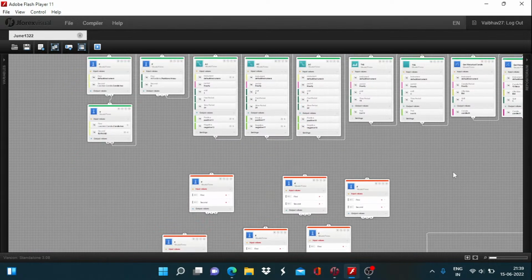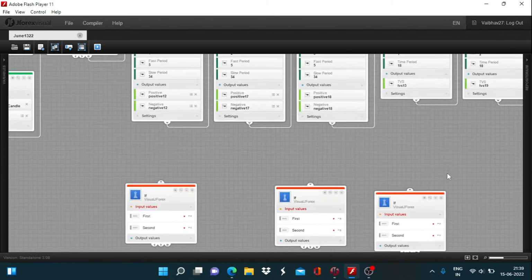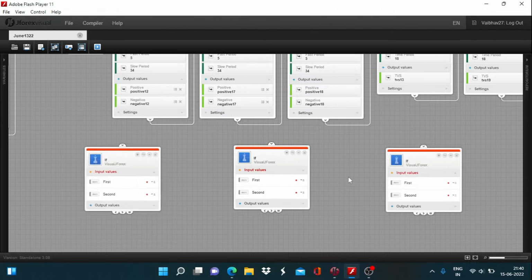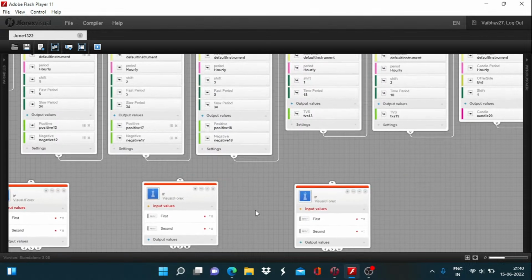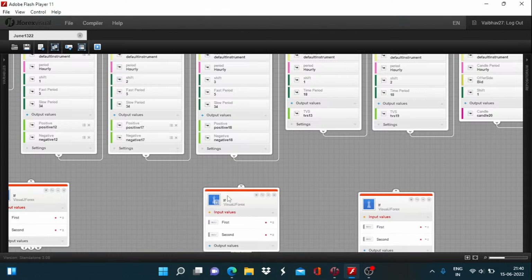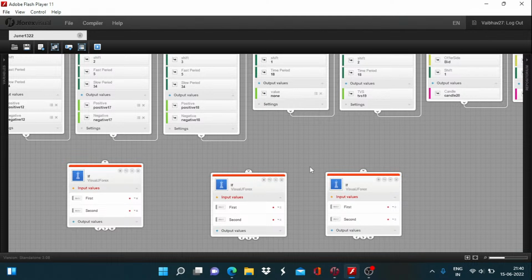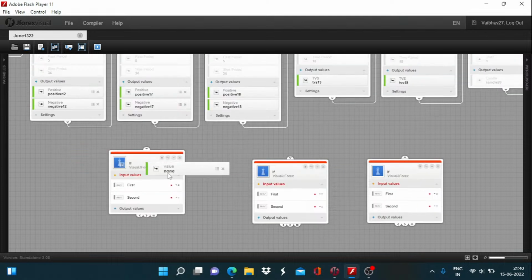Coming to the first condition, we need the TVS output to be on the lower side, to be in the negative territory. So both these TVS values have to be below zero.